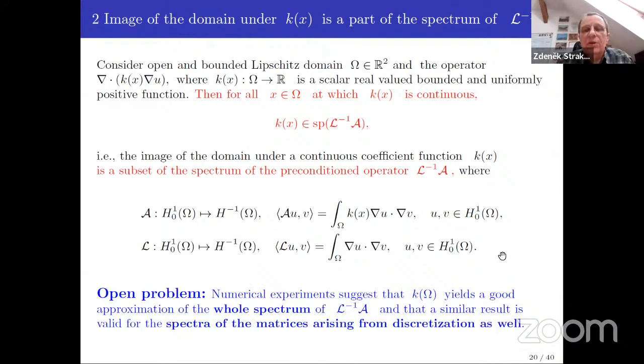Now, the paper didn't stop here. They proved this theorem nicely, and then they formulated an open problem. The numerical experiments in that paper suggest two things. First, it's not only that we have inclusion here, but it looks like if K is continuous throughout the domain, the image of the domain is the whole spectrum. And second, in numerical experiments, we only compute with matrices, so we only compute with eigenvalues.